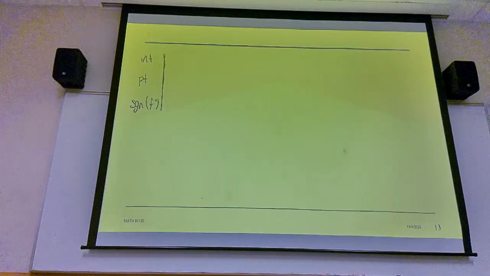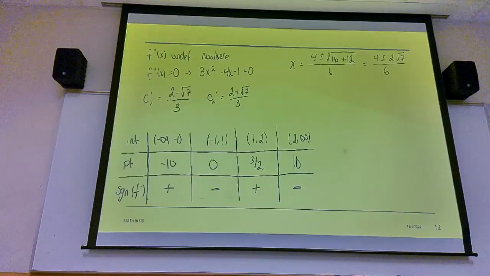Sign chart for f double prime. We have 2 points. Split the domain of f at those 2 points gives us 3 test intervals.